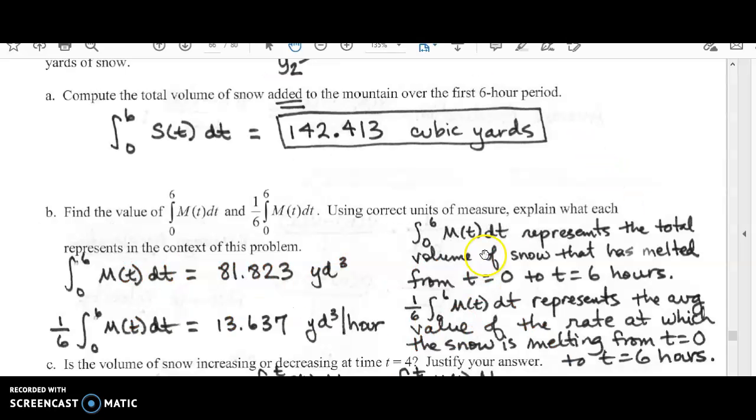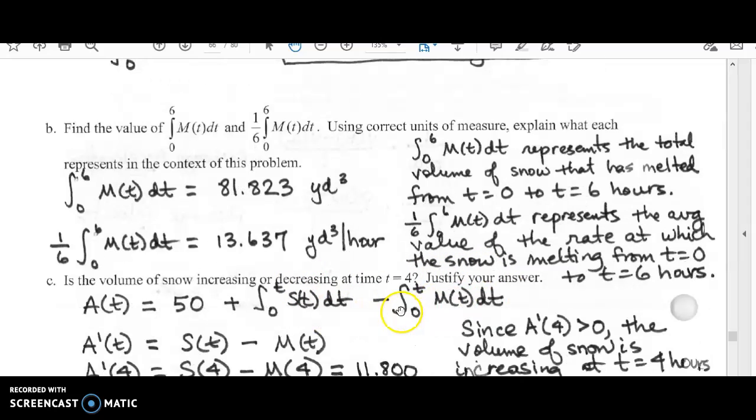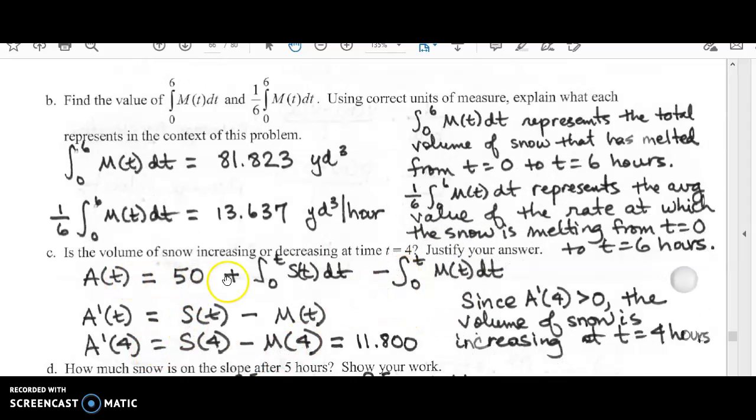I don't think the answer key actually has that question. Oh, they took it a step further and actually wrote out what the formula was and then took the derivative of each of them. I was going to wait to do the formula in part D. Anyway, you can see he got 11.8 though.